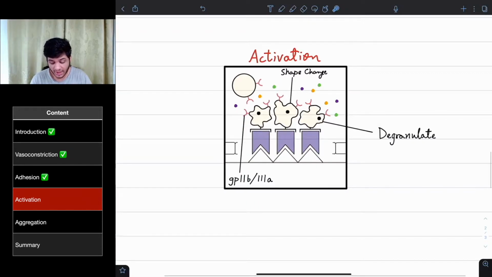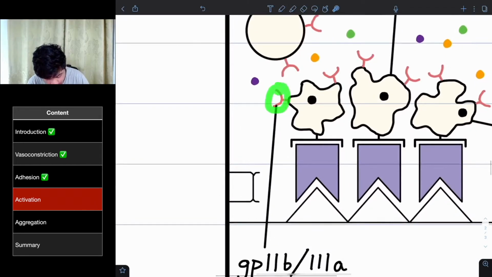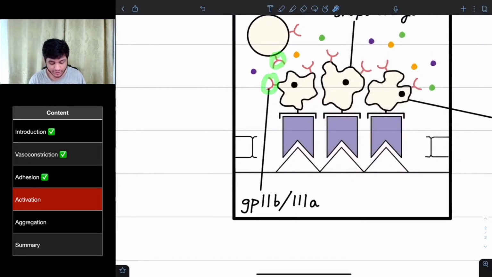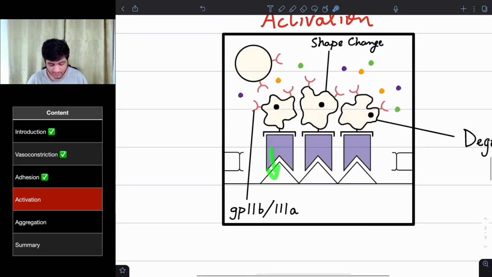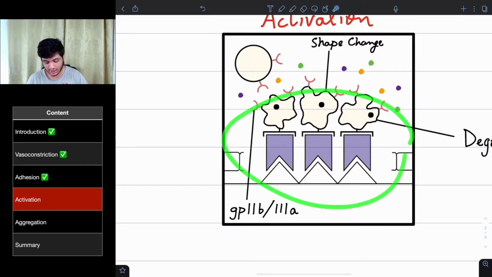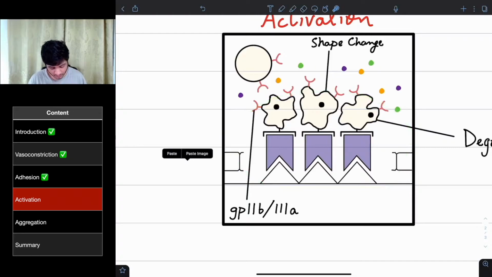And the function of ADP is that it exposes a receptor on the platelets called GP2B3A, okay? Glycoprotein 2B3A, okay? GP2B3A.